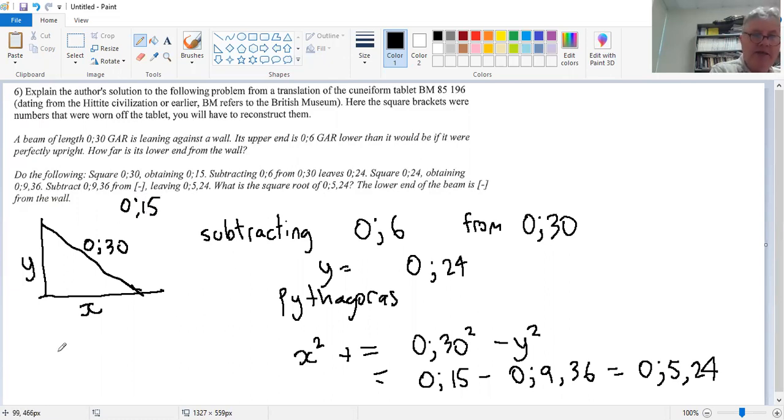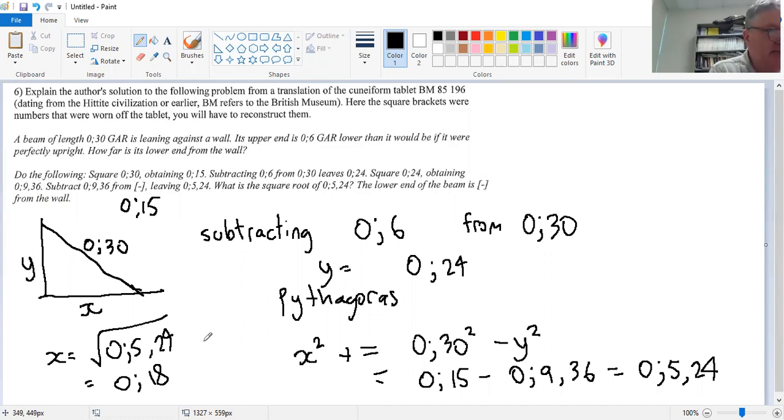So x equals then the square root of 0.524, which is 18. We'll do this by a fraction because 524 is actually, so what is it?